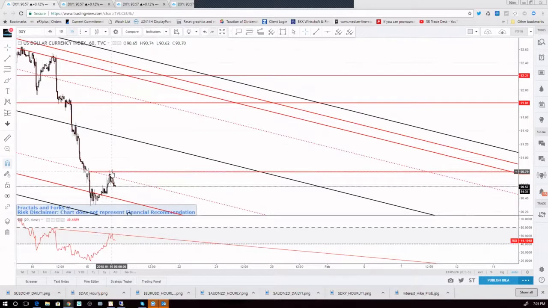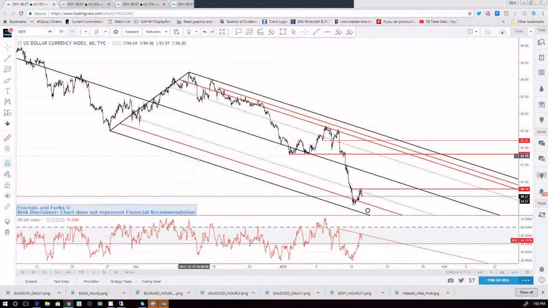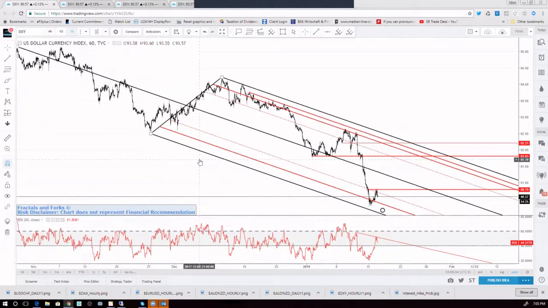Resistance was tagged, and we're going back down. So for me, it's still bearish US dollar, and that should translate into all the other dollar-based pairs. So looking lower, and probably lower than this.